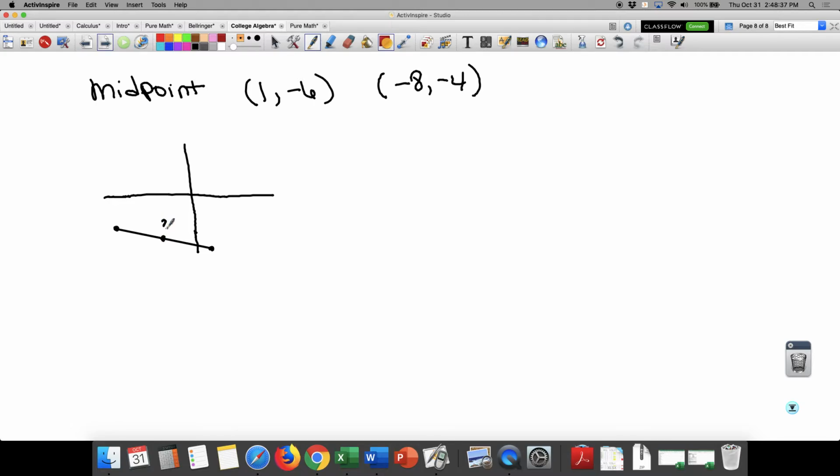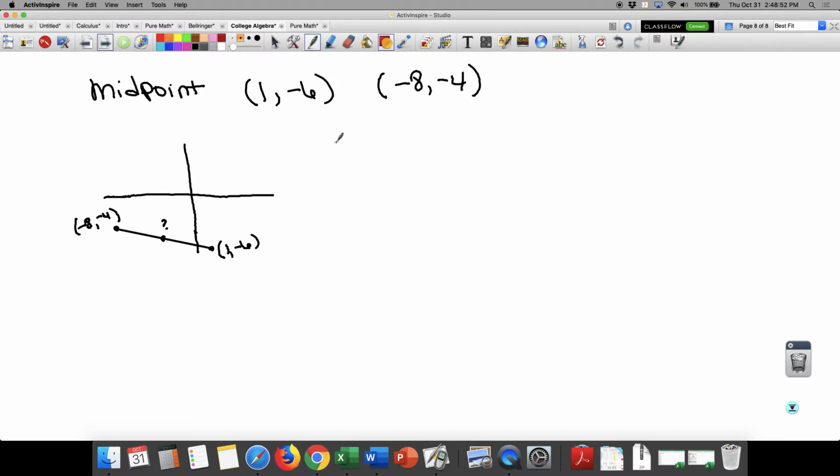So you've got (1, -6), and you've got (-8, -4), and you want to find out about where the middle of that line is.